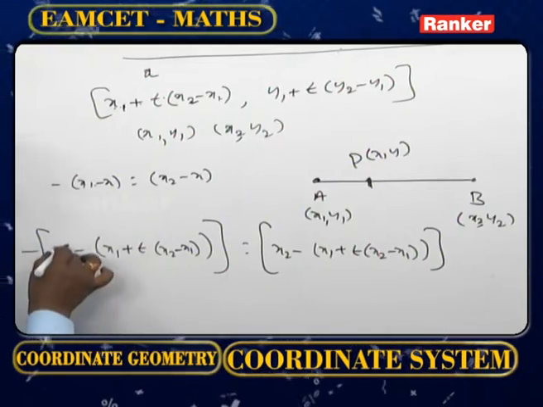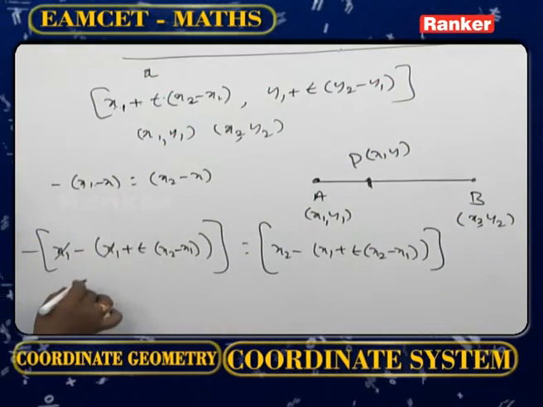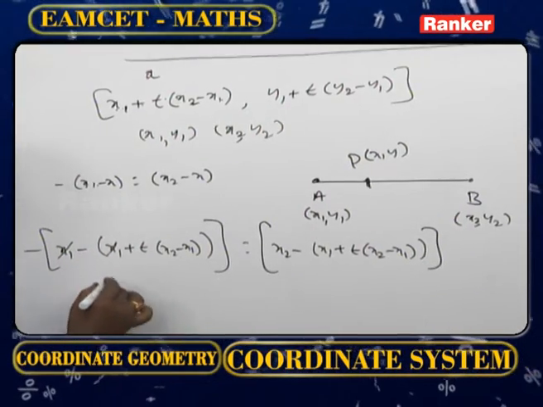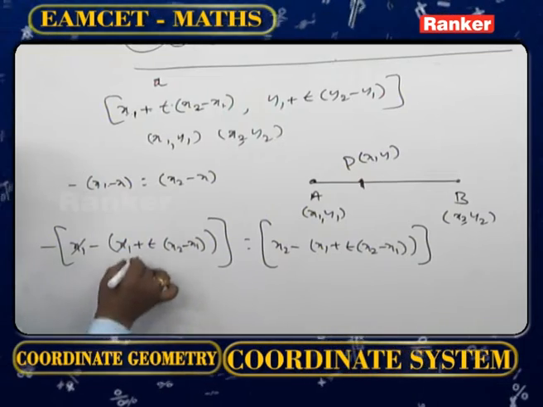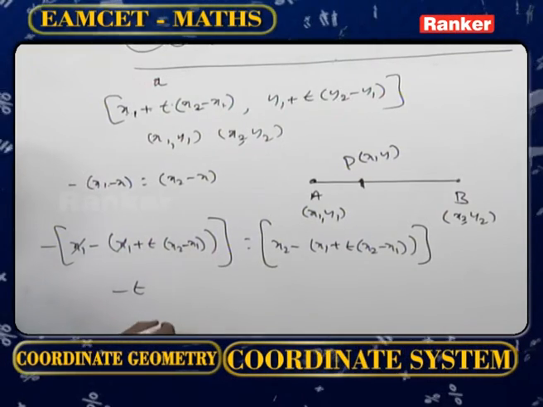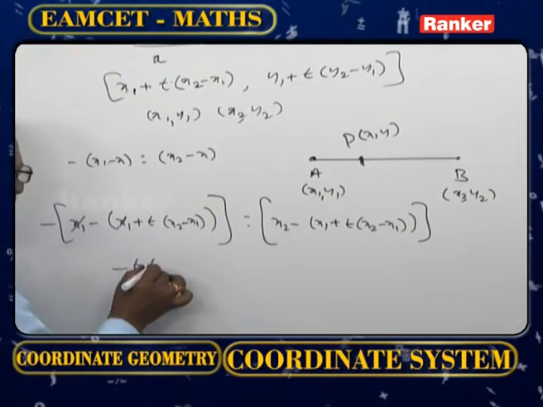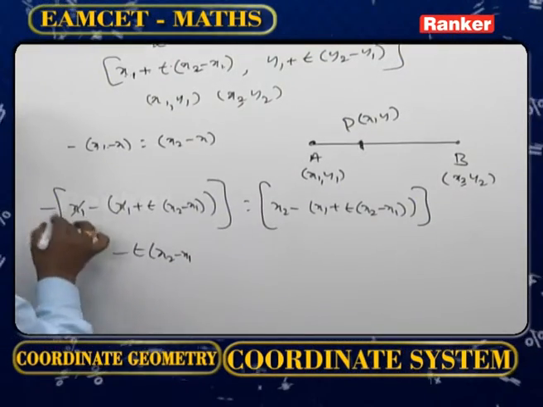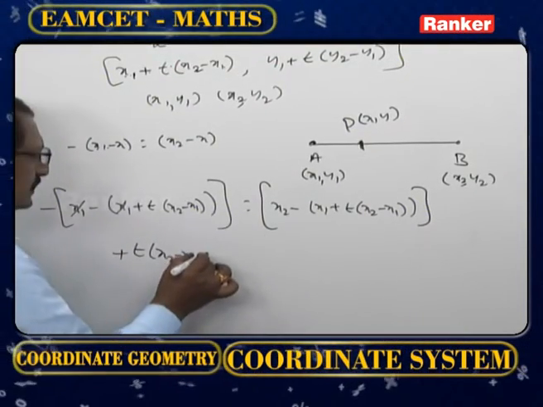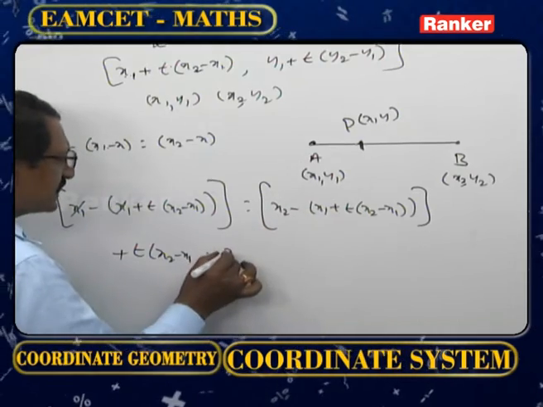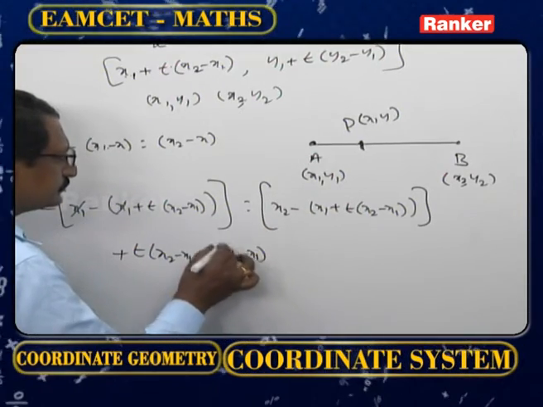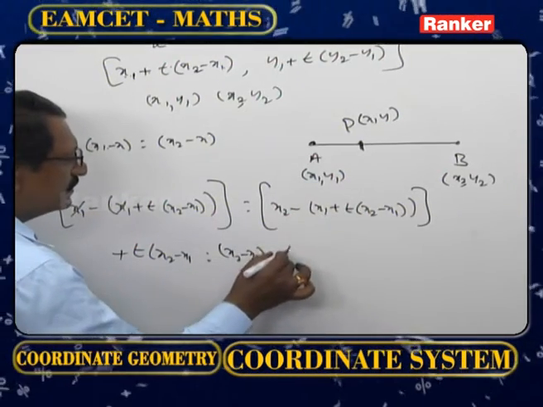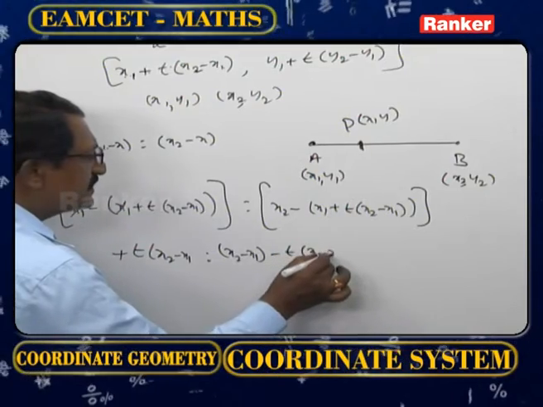Now x1 minus x1 cancel, that equals minus t into (x2 minus x1), here minus into minus is plus, is to (x2 minus x1) minus t into (x2 minus x1).